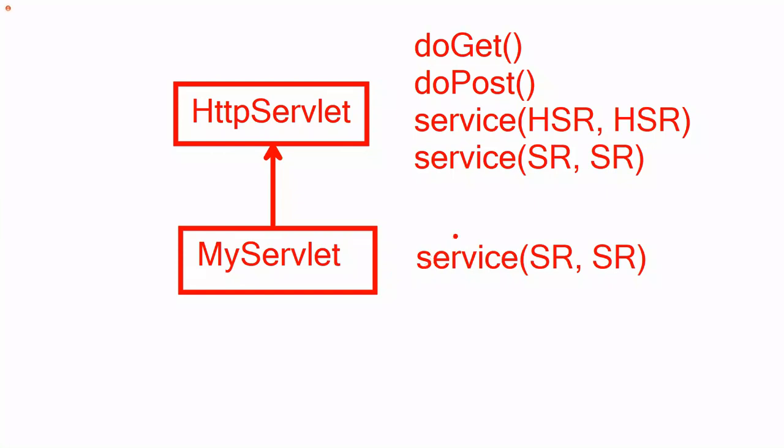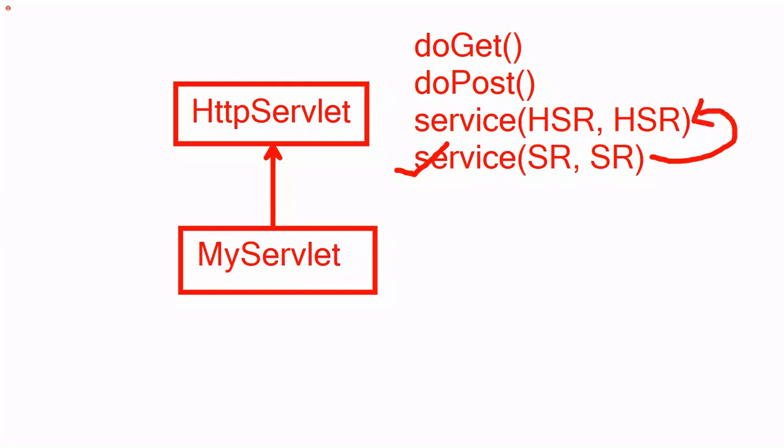If it is not overridden here, what will happen? HttpServlet's service method is called. This method calls this method. This method checks the request type. If a get type request is there, doGet. If a post type request is there, doPost. Like that, the mechanism is already developed.